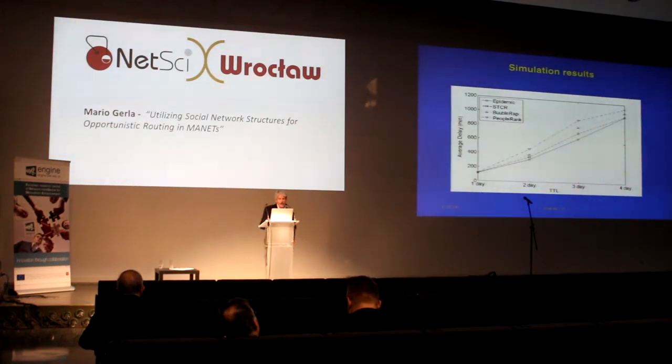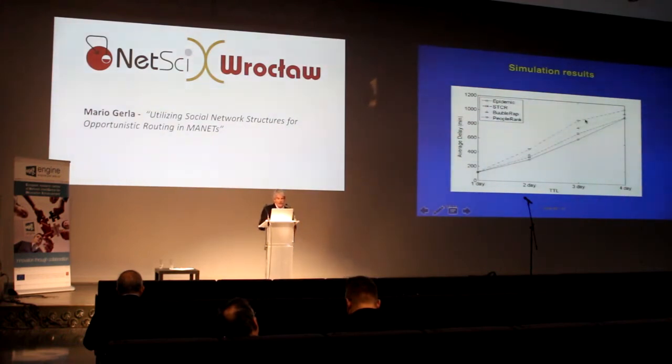The second measure is average delay. Average delay means that we try to reach a destination as fast as we can. The delay in minutes, of course, will increase as you increase the time to live, because more and more data will be delivered.